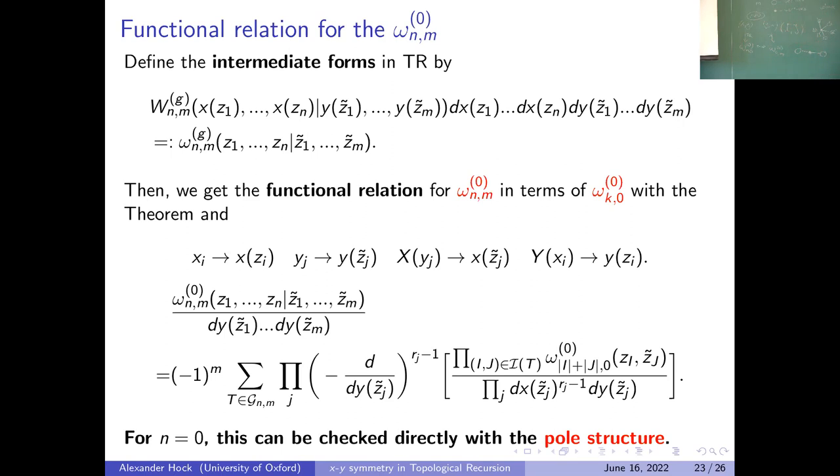The point is that, I have not mentioned it, but all these forms generated here have poles at the ramification points of x. These forms have poles just at the ramification points of y. So we relate something, if we set n equal to 0, which has just ramification points of y to something which has just ramification points of x, where all the poles at these ramification points of x have to vanish. But the formula holds.